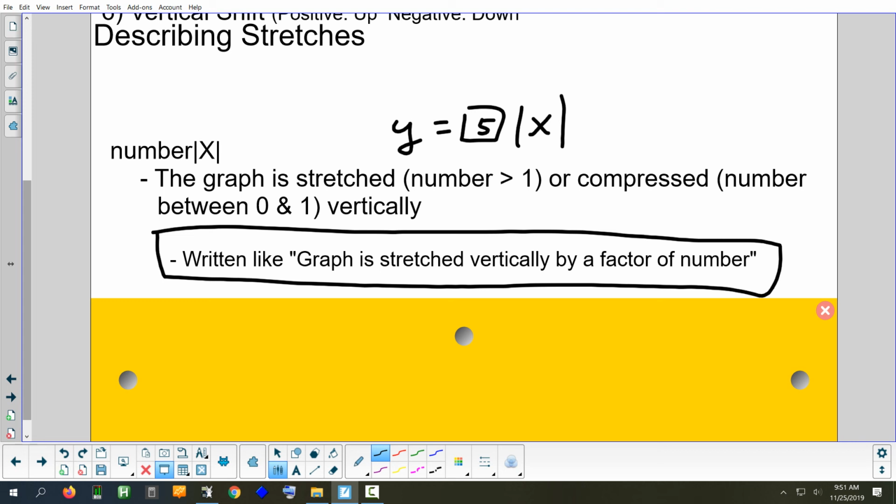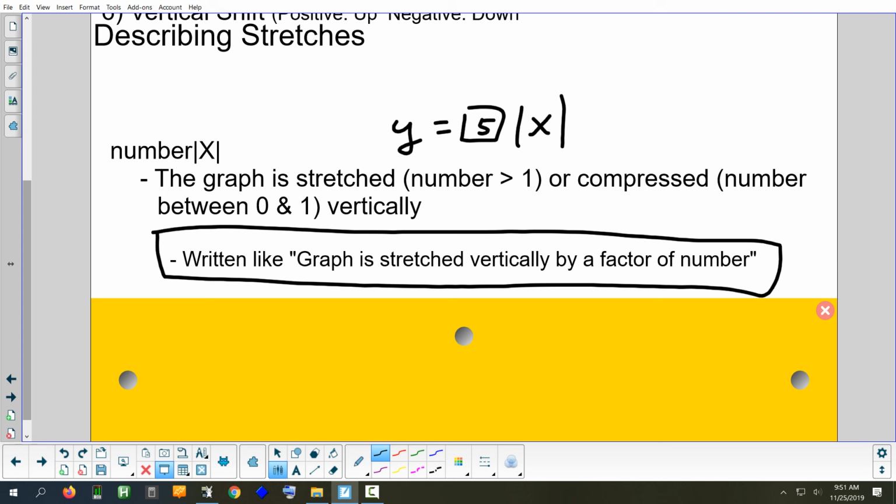Think of like a piece of gum. If you stick it to something and then you stretch it out, think about what happens. If it stays stuck where it's on the bottom, the strand of gum gets tall and it gets really skinny, right? That's basically what happens to the V shape. If you stretch it, it gets tall and skinny. But instead of stretching it, you could also squish it.